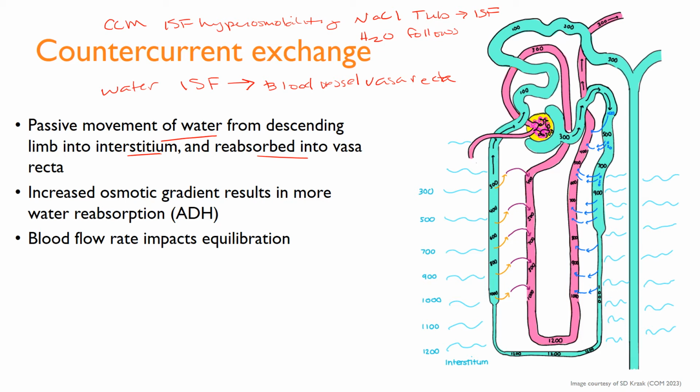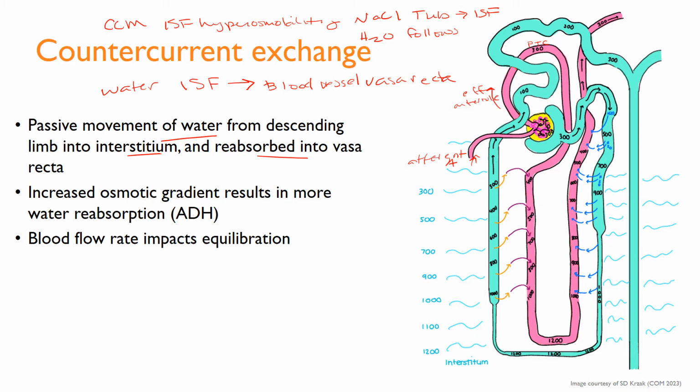In the pink is the blood vessel. So that's this one here. So this coming in is the afferent arteriole. The afferent arteriole enters into the glomerulus. You have the bundle of glomerular capillaries, and then it leaves the glomerulus as the efferent arteriole. And then we have some peritubular capillary that is going to flow along.